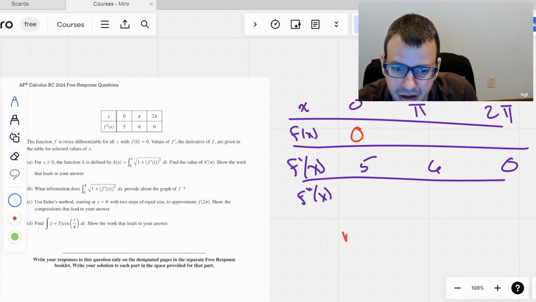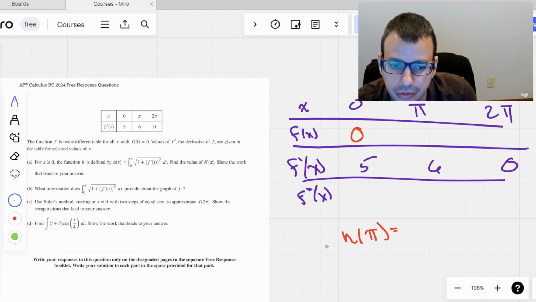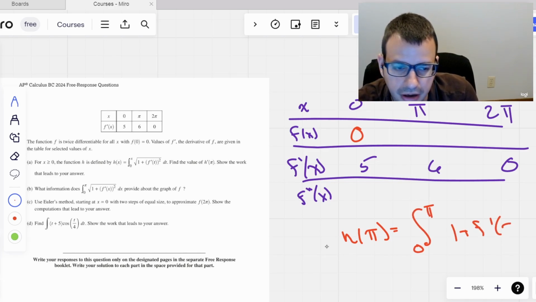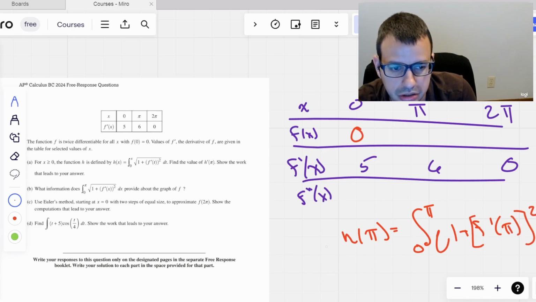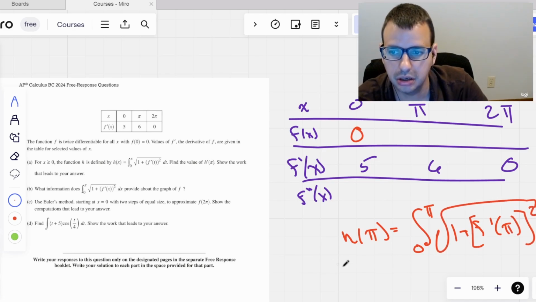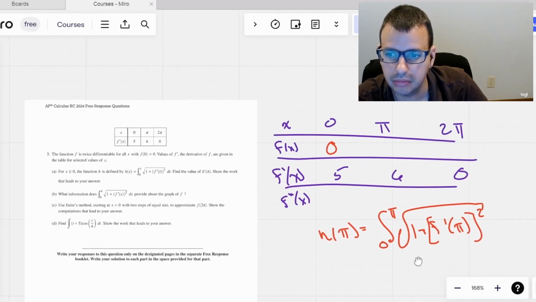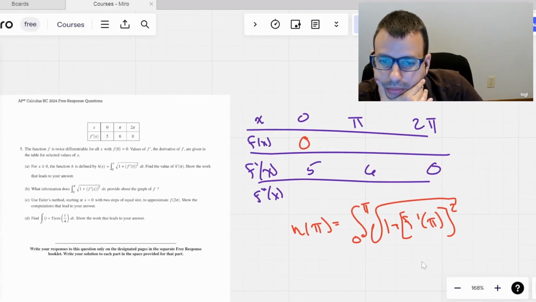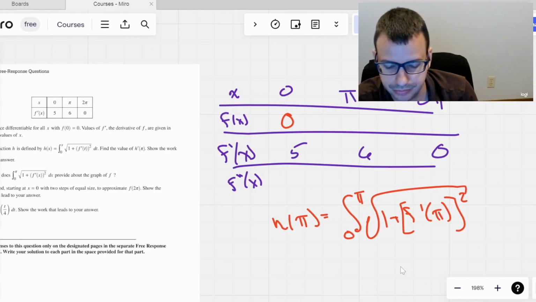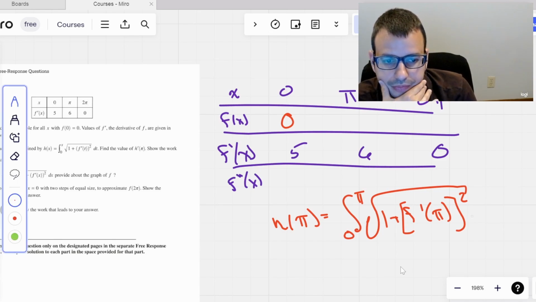So we have h of pi equals the integral from 0 to pi of the square root of 1 plus f prime of pi squared, dt.